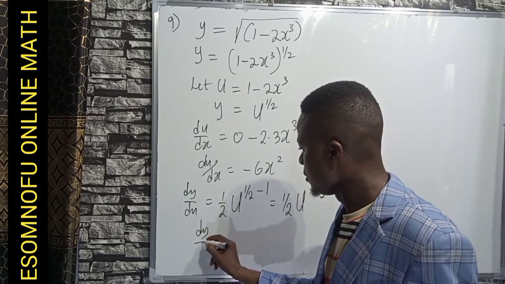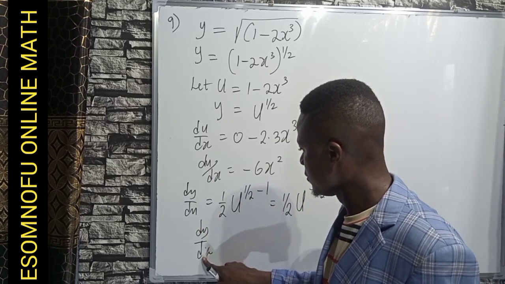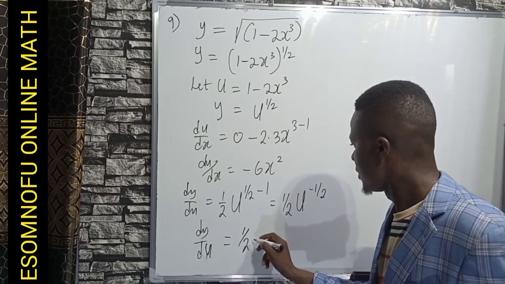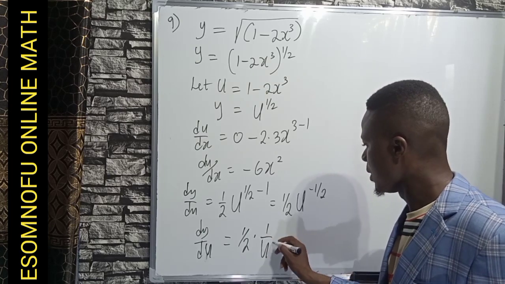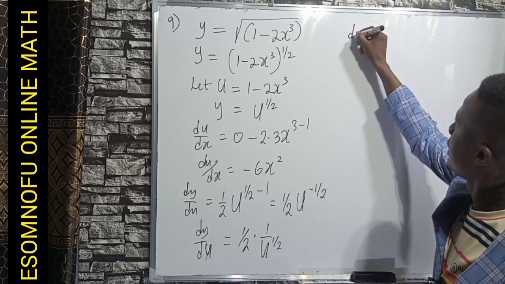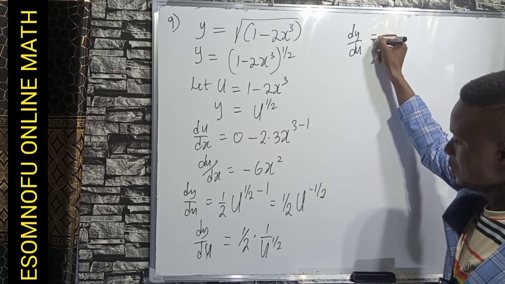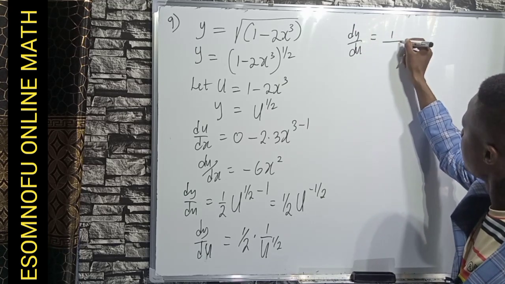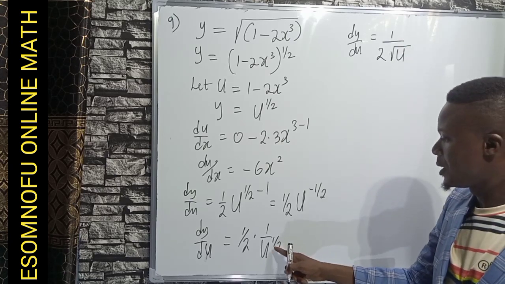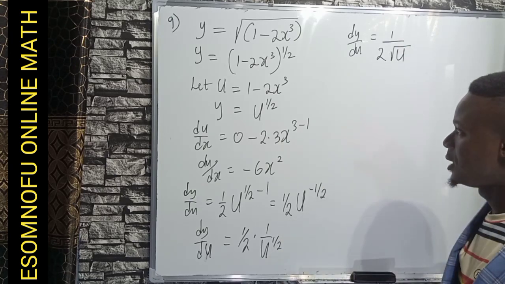That will give us half u to the power of minus half. Hence dy over du will now give us half times 1 over u power half, because of the negative power here. So that dy over du will now be 1 over 2 root u, because any number power of half means square root of that number.